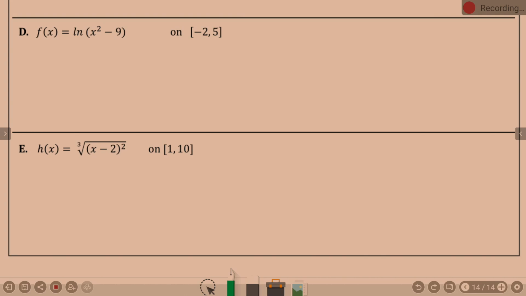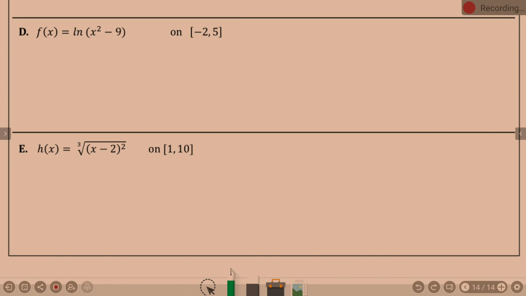I'm gonna pause you. What's the question we need to start with? Is it continuous on this interval? Natural log. What do you know about the inside of a natural log? It has to be positive, yes? You can't take the natural log of a negative number. Wait, -2 squared would be 4 minus 9, yeah, that's going to be negative.